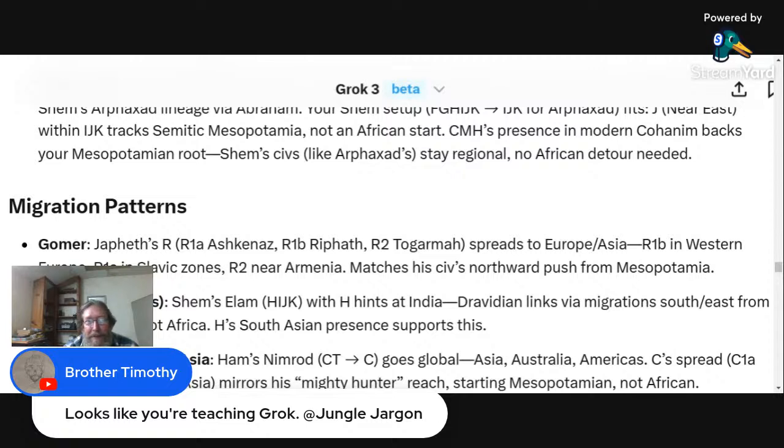So that's this whole ramble that I've been having, is that Grok agrees that the SNP markers do fit with the out of Mesopotamia historical record with the SNP markers, because as long as you understand that you're losing markers going from right to left instead of gaining them going from left to right.